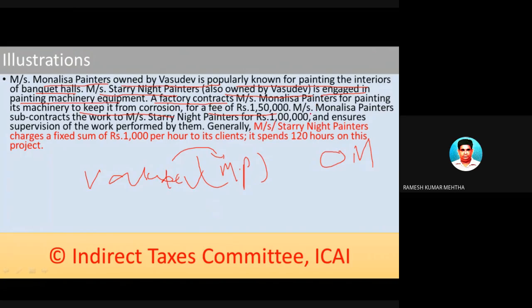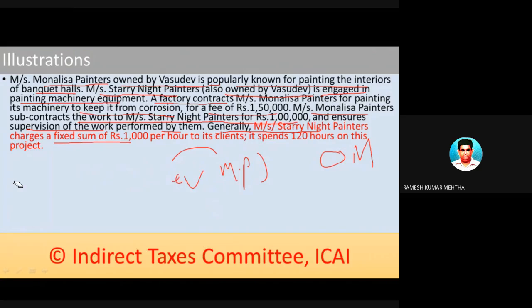Now Mona Lisa Painters subcontracts the work to Messrs. Starry Night for 1 lakh rupees and ensures supervision of the work performed by them. Generally, Messrs. Starry Night Painters charge a fixed amount of 1,000 rupees per hour to its client. It spends 120 hours on this particular project.